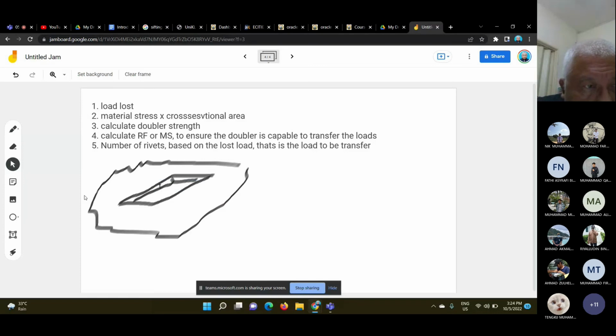And say this cutout here is 40 mm, and here is 30 mm, and the thickness of the original is 1.4.